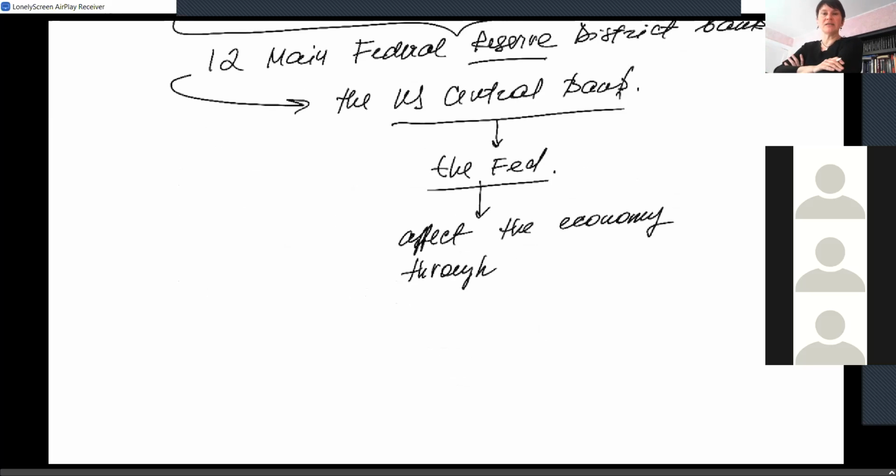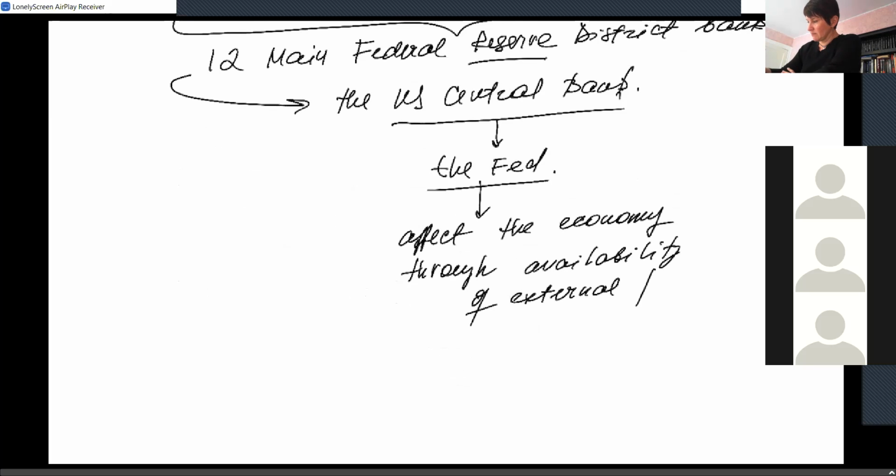So what the Fed does, it affects the economy through availability of external funds. Remember, the Fed supervises, manages the banking system, and banks are the places where we go when we need extra cash, external funds, loans.